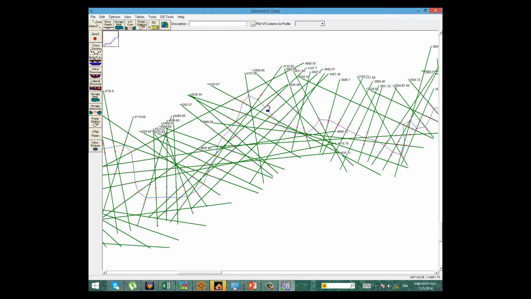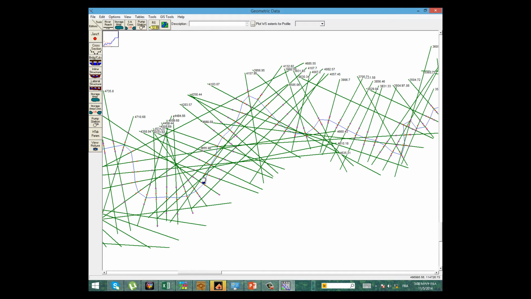HEC-RAS also assumes that whenever the water level in one of the river channels reaches a certain level, it also shares into the other part of the channel. But practically it is impossible to connect this part of the river with this one. They are very far apart, and water can't come to the upstream side. It's very difficult.